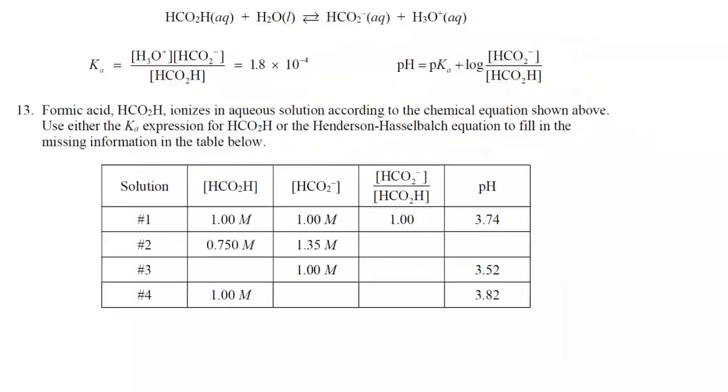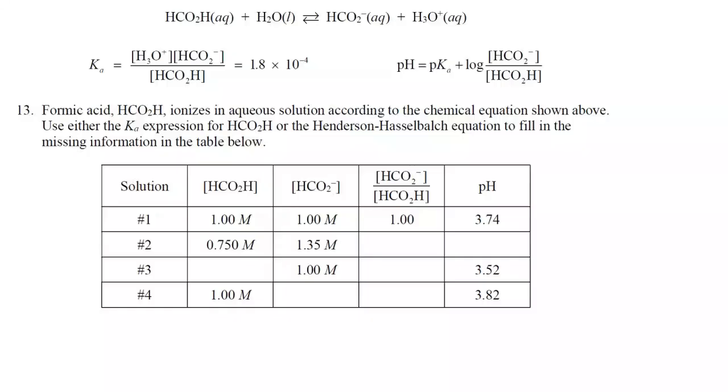Now let's take a look at question 13 in the packet. It says formic acid, which is HCO2H, ionizes in aqueous solution according to the chemical equation shown above. So in the equation, we have a molecule of HCO2H, or formic acid, reacting with water to produce the ion HCO2-, which is the conjugate base known as the formate ion, and also producing the hydronium ion H3O+.